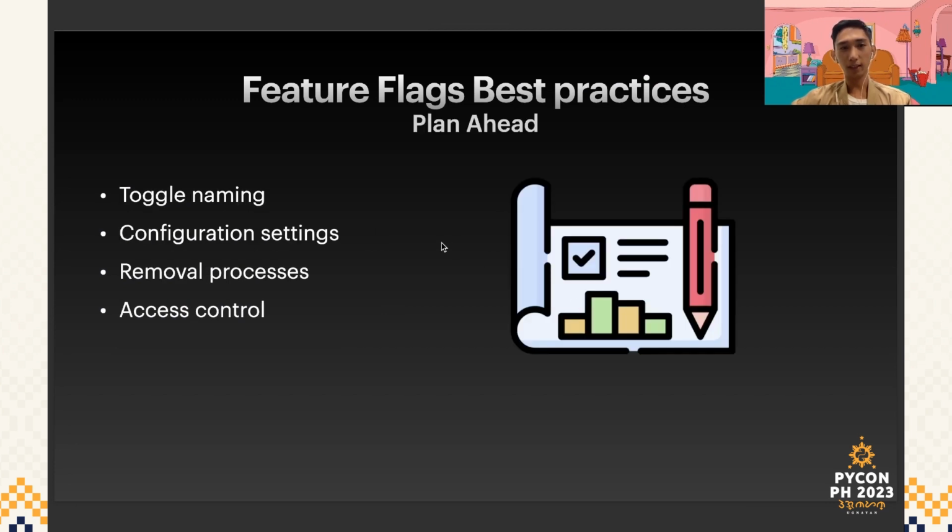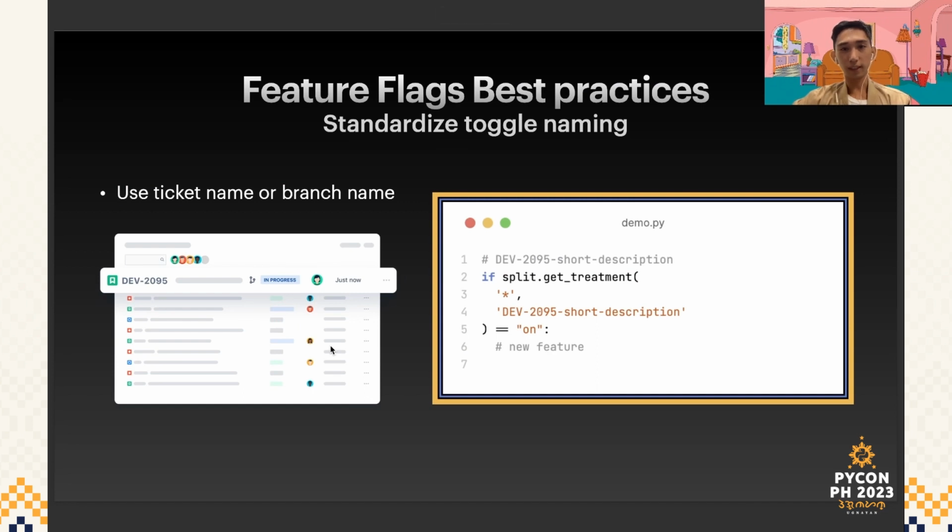I mentioned that you can discuss with your team the naming conventions for the toggle, and you can also provide the configuration settings that you want. And also reviewing the removal processes and also access control. And for standardized toggle naming, if you're using Jira, for example, you can use the ticket name, or you can create your branch name from that.